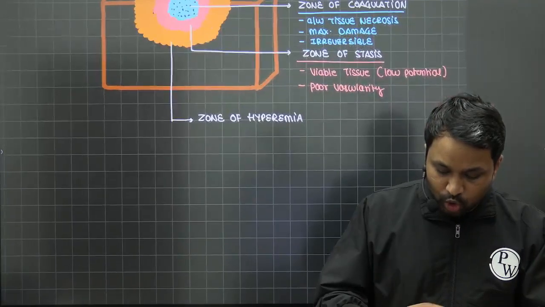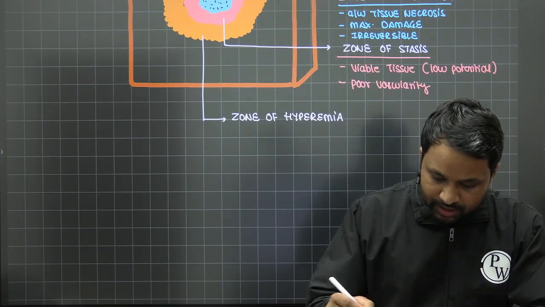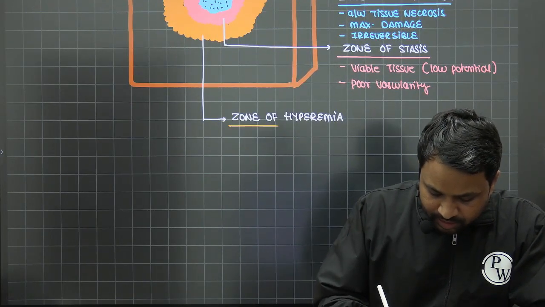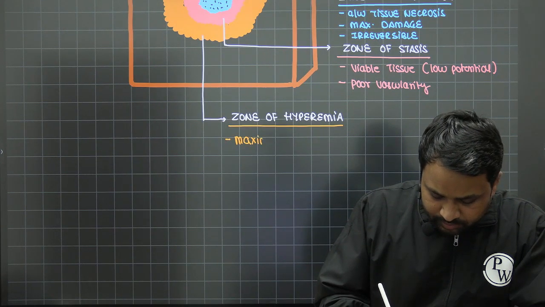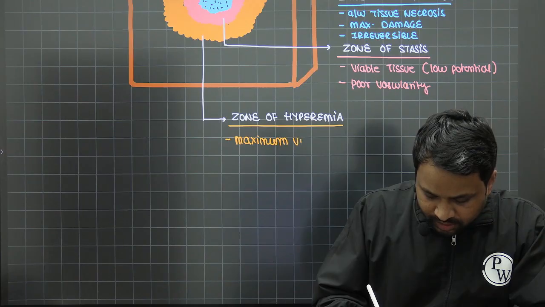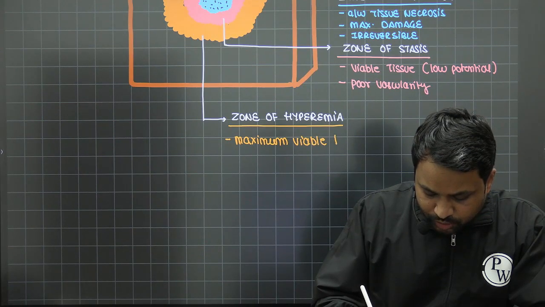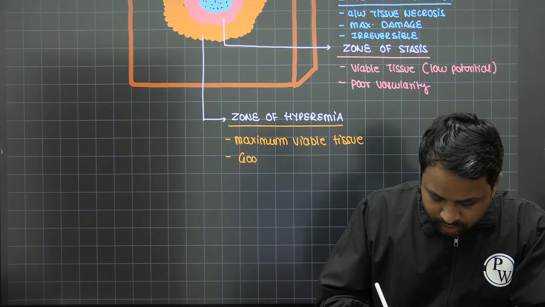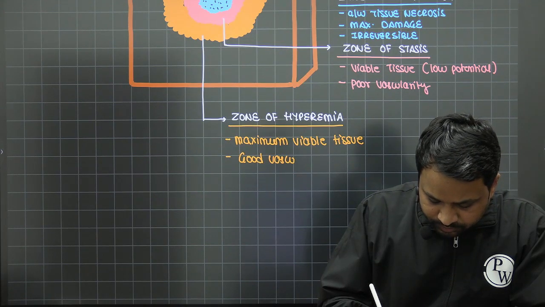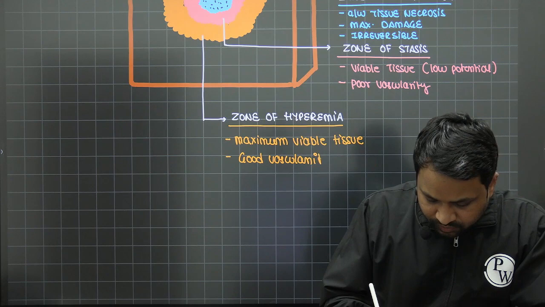Right? Zone of hyperemia, on the other hand, has the maximum viable tissue. So there's a good viability potential, and it has got good vascularity.